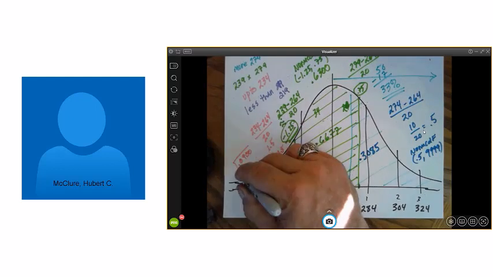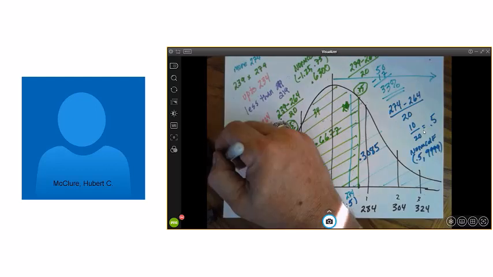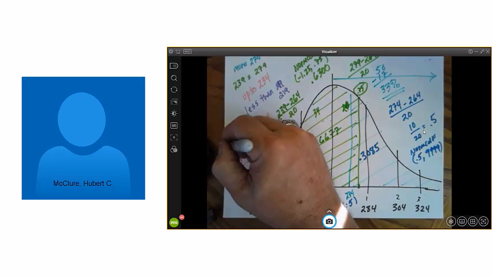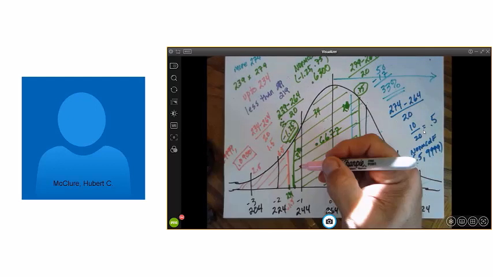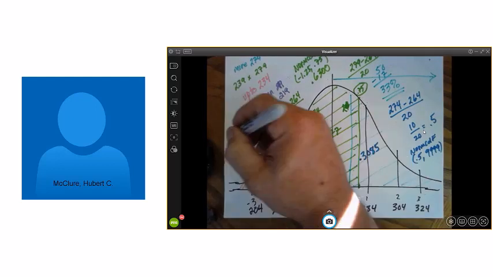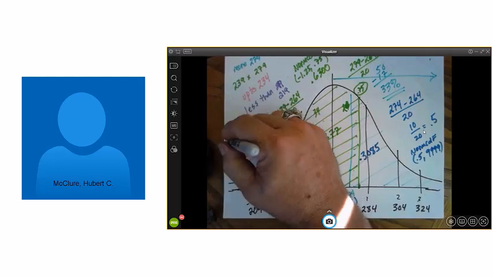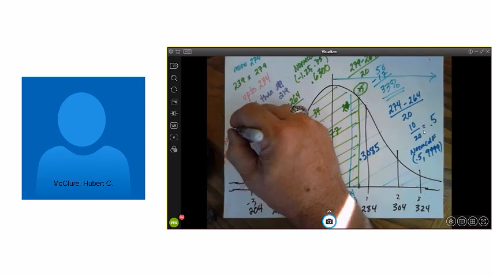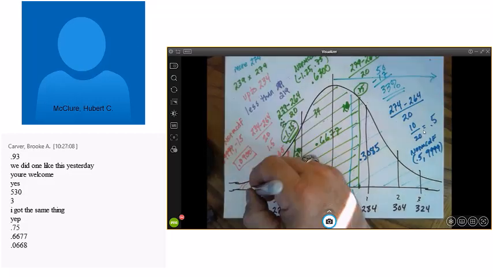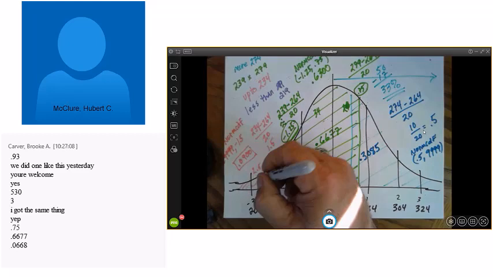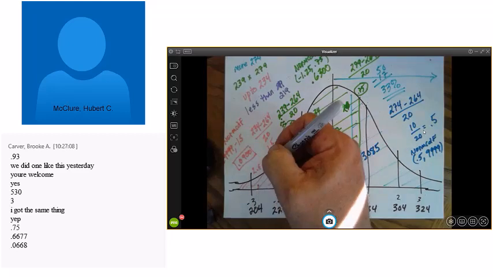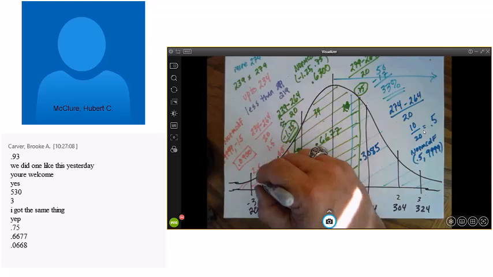Somebody do negative 9999 to negative 1.5. Somebody give me 4 digits. 0.0668. Is that what you said? 0.0668.